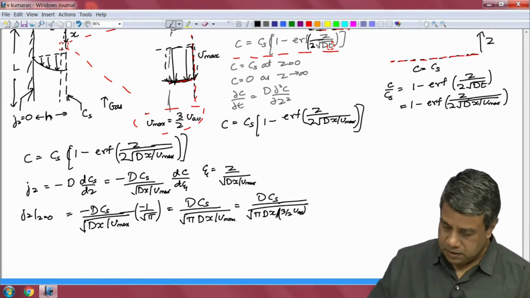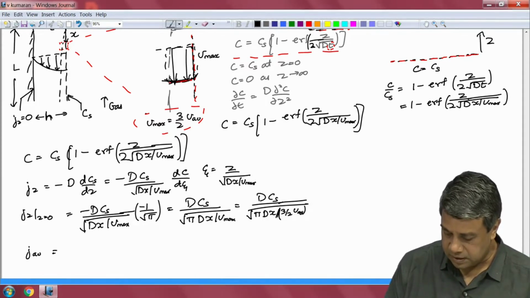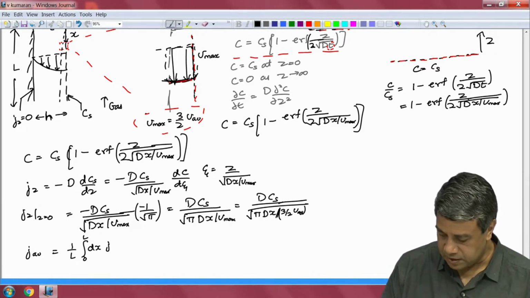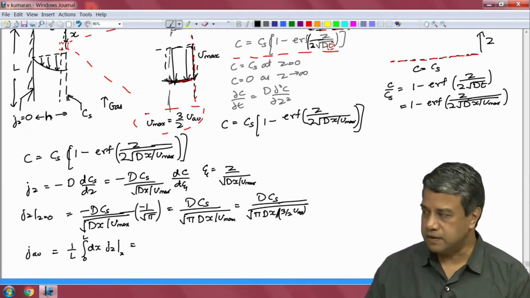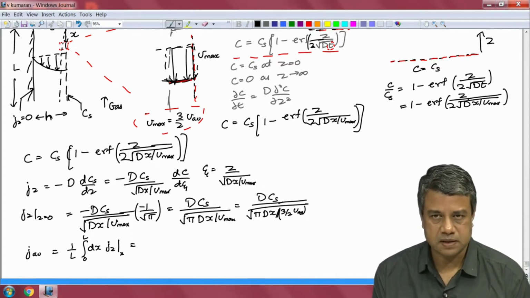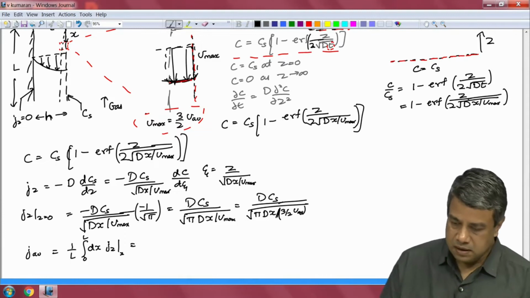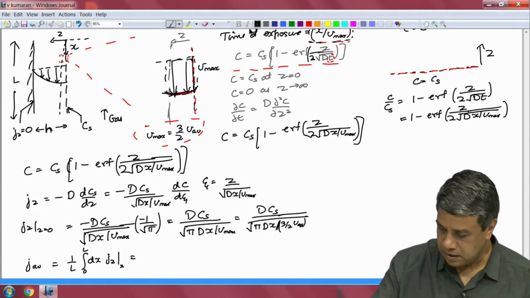Now, the average flux J average is equal to 1 over L integral 0 to L dx times Jz at the location x. The average flux is equal to the average over the downstream locations, starting from the start of the contacting section all the way till the length L here.